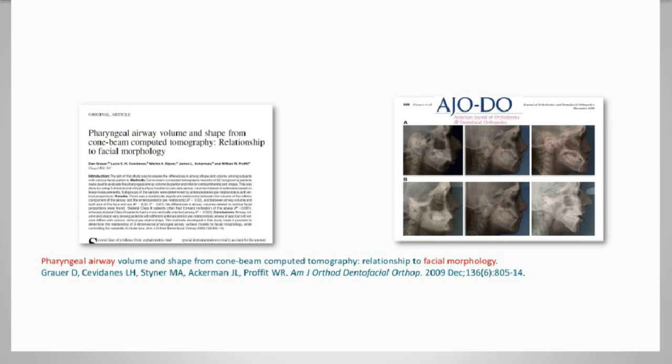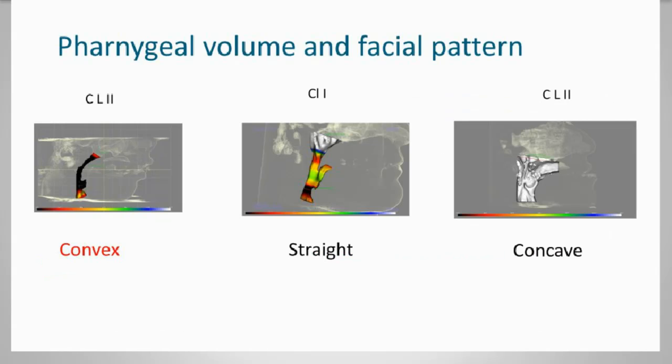And their conclusion was that airways can kind of be put into these categories. Now, the correlation is not 1-to-1, but it's very strong. So when we look at faces, when we look at skeletons, we can start correlating airways. They found that the convex profiles, meaning class 2 patients, appeared to have the smallest pharyngeal airways, followed by the class 1 straight profiles, orthodontic profiles, straight skeletons.